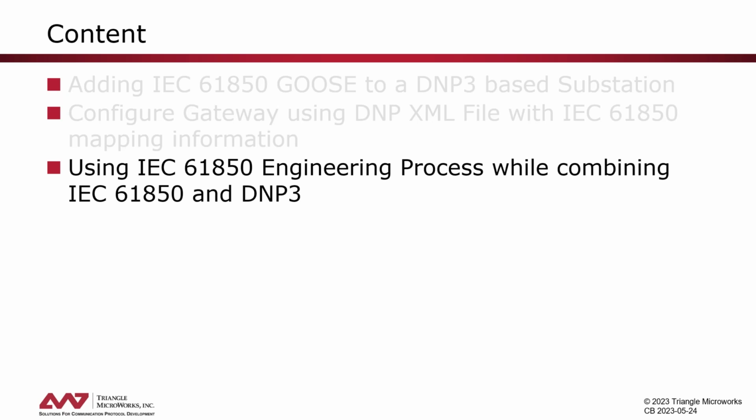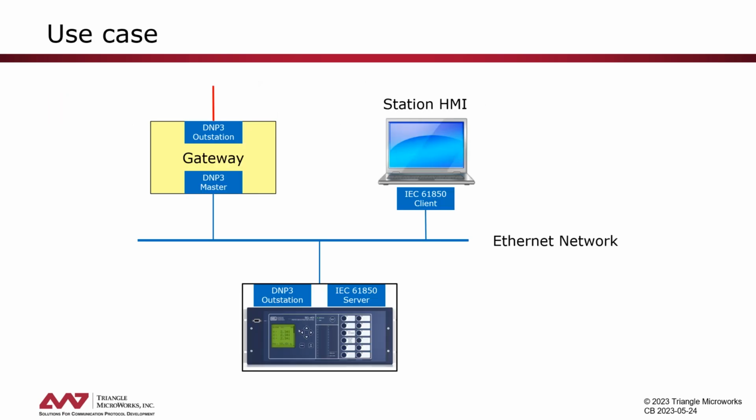Okay, thank you, Beth. Now we will have a look at the last use case, which is basically using the 61850 engineering process by combining IEC 61850 and DNP3. The use case is a little variation of what we just discussed in the gateway. Now we would assume we are still using DNP3 in the substation to communicate to our gateway, but we also have 61850 support, so our device has multi-protocol support.